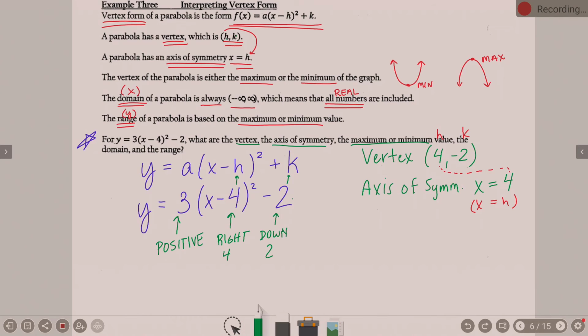Because this 3 is positive, that means my parabola is going to open up. That means my parabola looks like that, right? If my parabola opens up and looks like that, where is my vertex? It is at the bottom, which makes it a minimum.